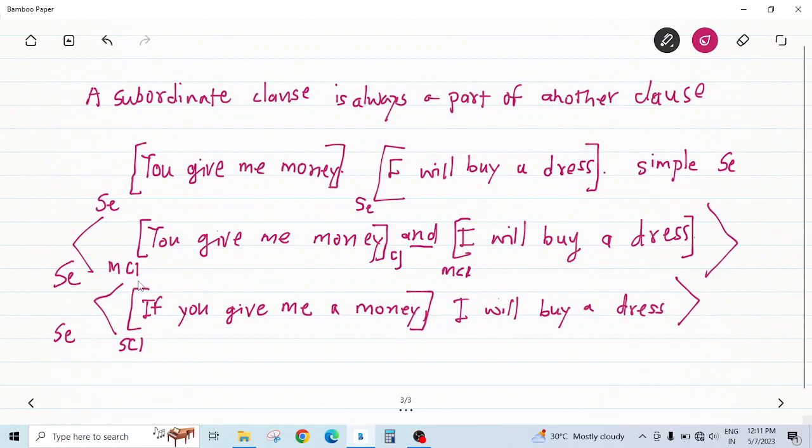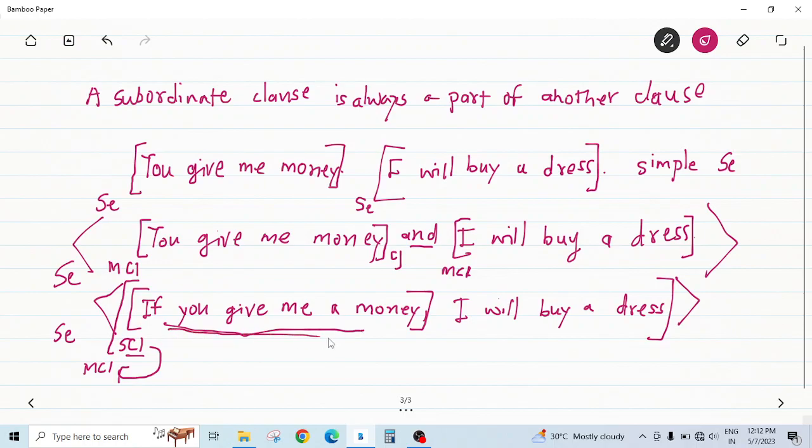This total, from this one to this one, is MCL, and this SCL is part of this MCL. It means that this SCL cannot have independent, separate status.